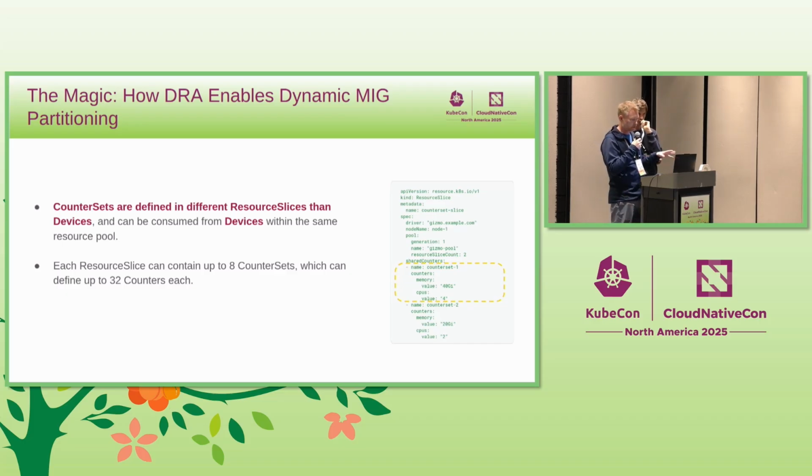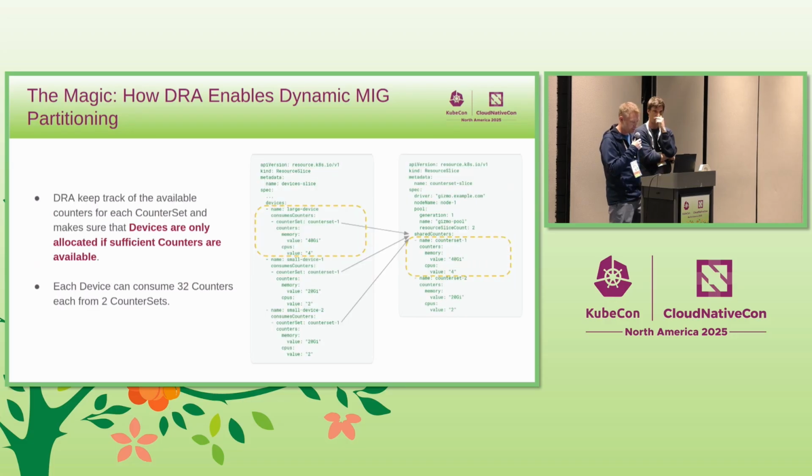And as it says on the slide, counter sets must be defined in separate resource slices than devices, but devices can consume counters from any counter set defined in the same resource pool. In the example here, you can actually see that the Gizmo pool has 2 resource slices, so there's another one here. So you have a corresponding resource slice that defines the devices.